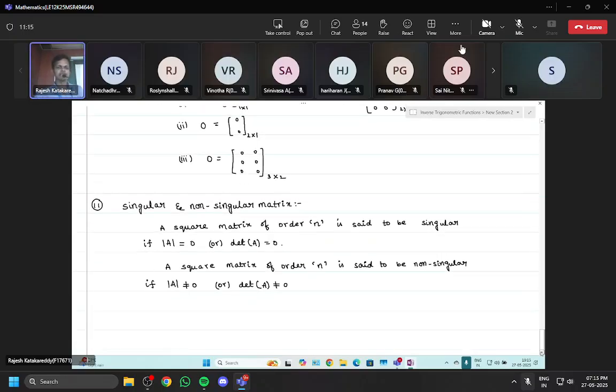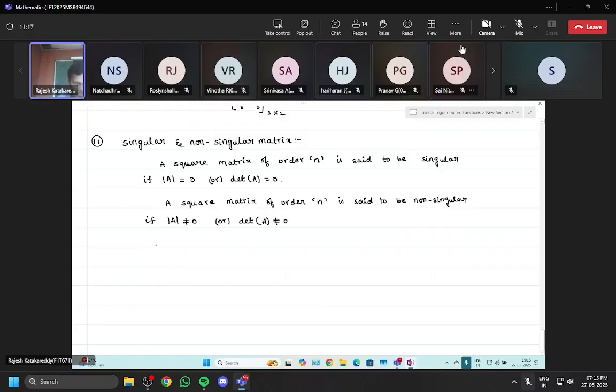If you need one example, I'll give you here. If you don't know anything about determinant, I can give you a small glimpse. Take a 2 by 2 matrix A, with rows 1, 2 and 1, 2. For a 2 by 2 matrix with elements a, b, c, d, the determinant is ad minus bc: product of principal diagonal minus product of non-principal diagonal.